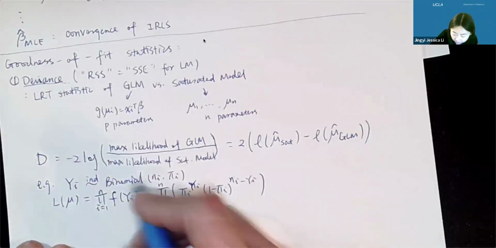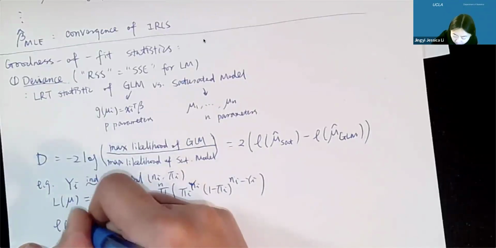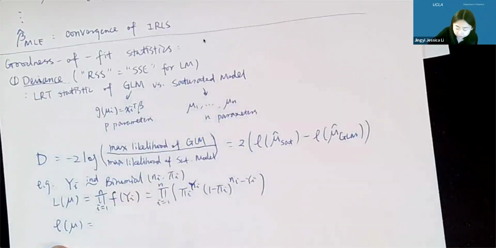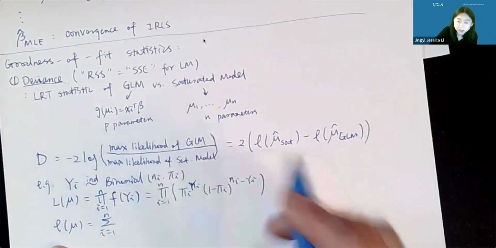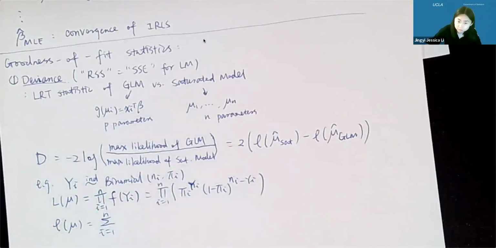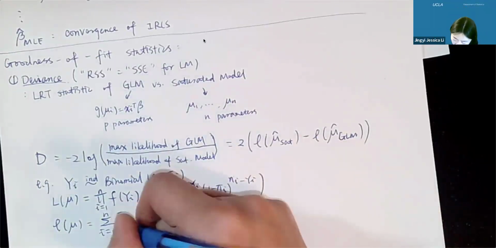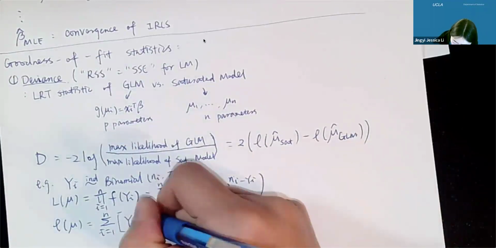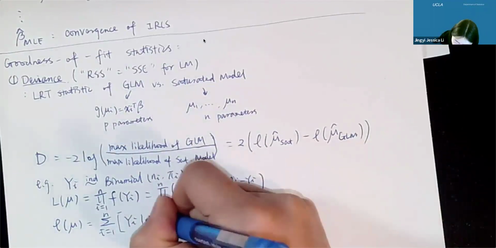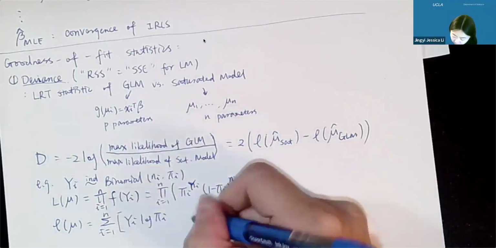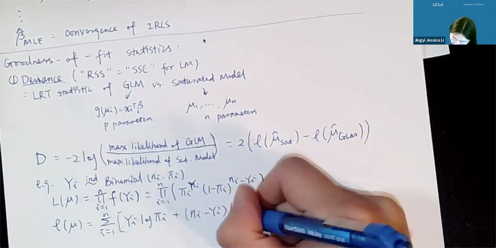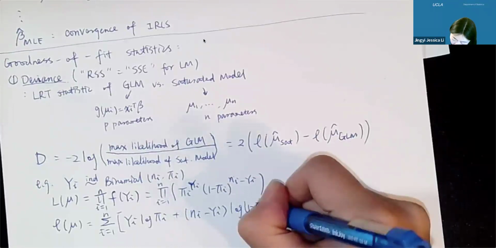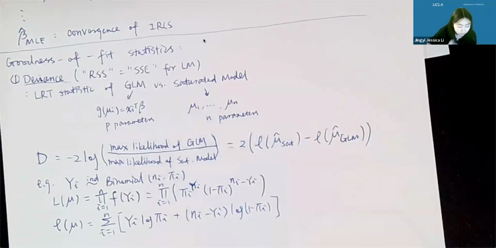So if you take the log likelihood of mu, you just take the log of the whole thing; the product becomes a sum, and the powers come down as multipliers. So you have the summation of yi times log pi_i, plus (ni minus yi) times log(1 minus pi_i).